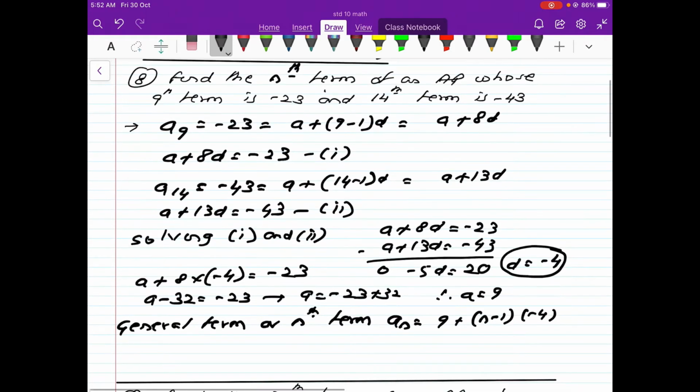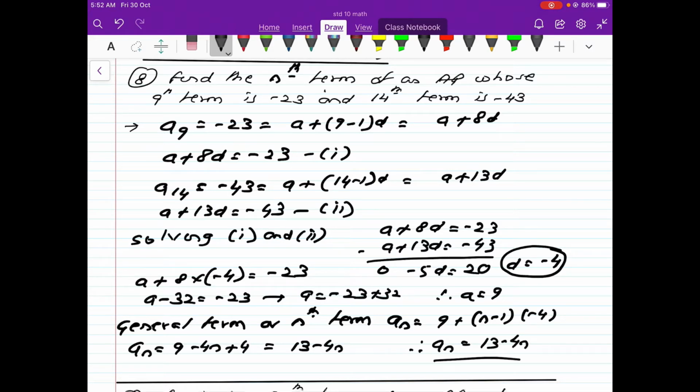So simplifying it a little further, I will get an is equal to 9 minus 4n. Minus of minus 4 means plus 4. So this is 9 plus 4 is 13 minus 4n. So my final answer is the general term or the nth term is given by 13 minus 4n. So this is my answer.